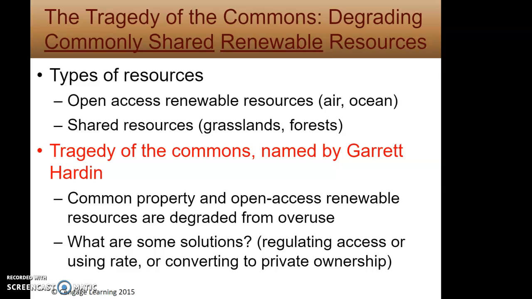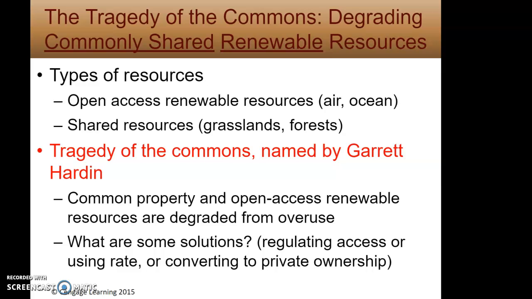You cannot say this air belongs to Connecticut, or this air belongs to America, or even that this air belongs to a certain part of the world. So everyone has open access to air. And some parts of the ocean belong to the same category. We also have shared resources, such as grasslands or forests.